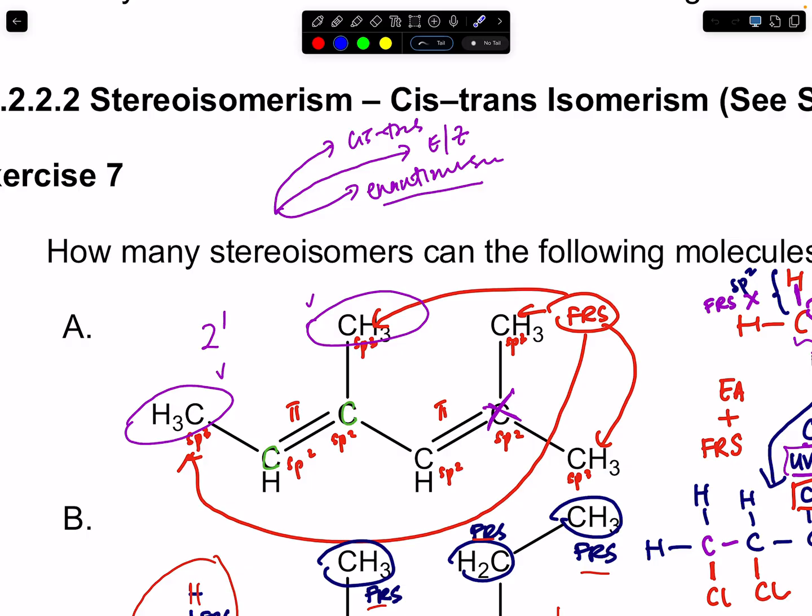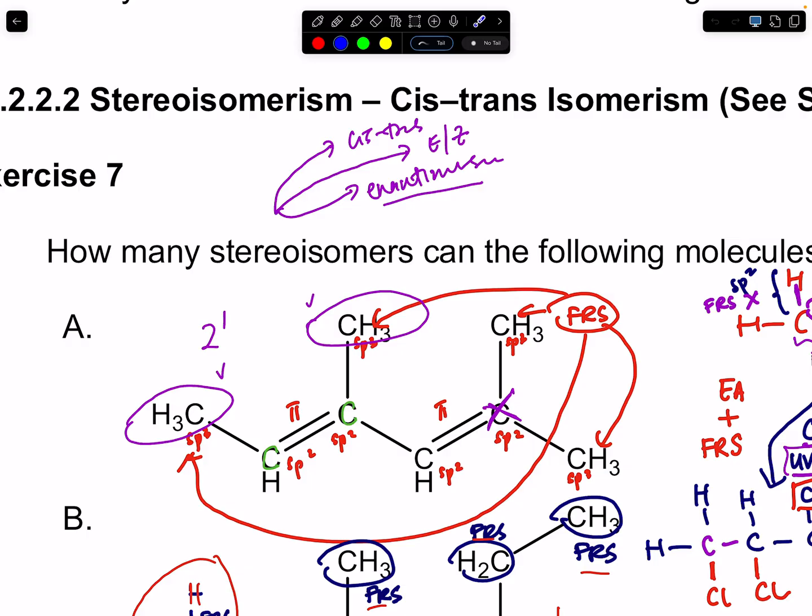These are 2 different groups. Now we move on to the next carbon-carbon double bond. When we move to the next carbon-carbon double bond, guys, I do hope that you all are able to tell that this carbon-carbon double bond will not have cis-trans isomerism. And why is that so? Take a look at the first criterion. Each doubly bonded carbon atom has the same groups, so we cannot do cis-trans isomerism.